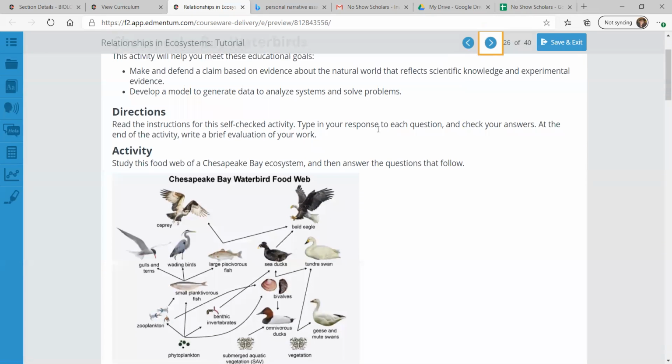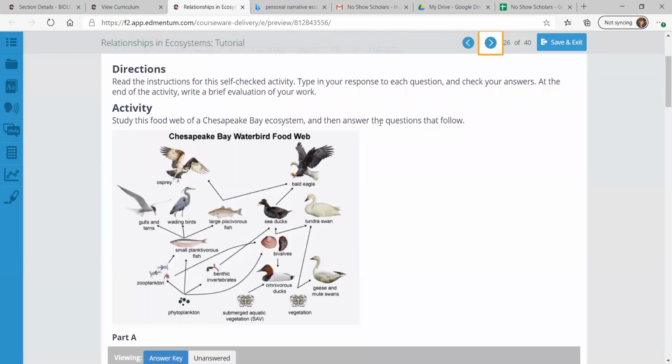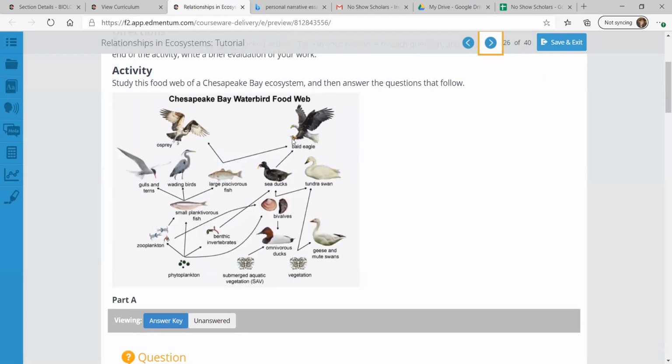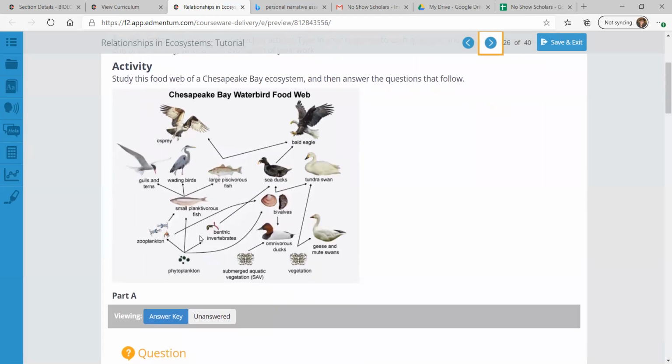And in this activity, you get to look at a food web and then answer some questions. Looking at this water bird food web, this only focuses on the things in the water and the birds. So at the bottom level, we have zooplankton, phytoplankton, submerged aquatic vegetation, or SAV.